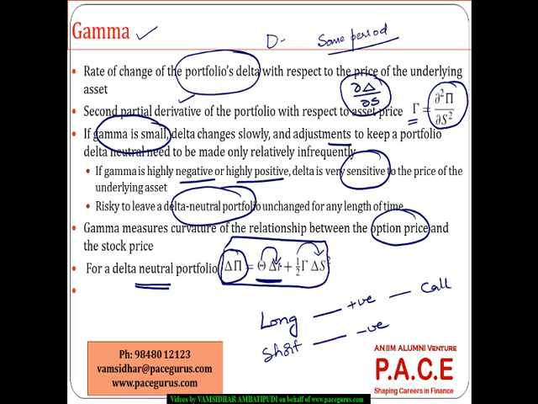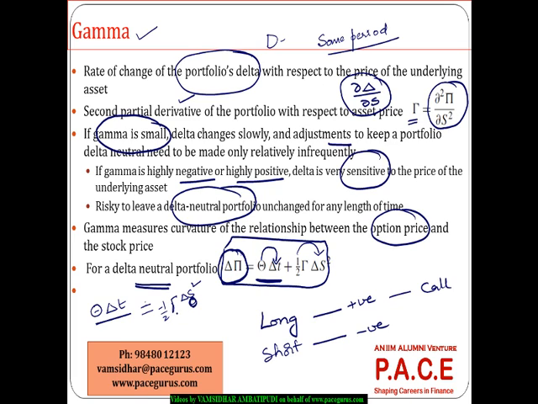So if I want to minimize this, if I want to make delta pi almost close to 0, I have to choose my gamma in such a way. I can estimate the gamma for a delta neutral portfolio by going with theta delta t equal to minus half gamma sigma delta s squared.